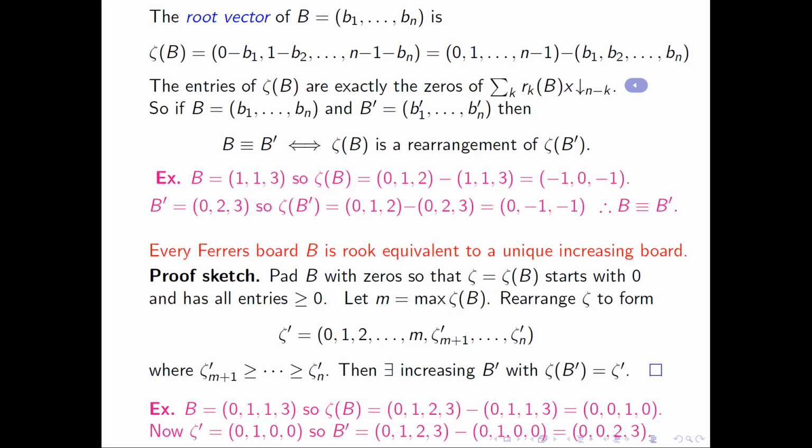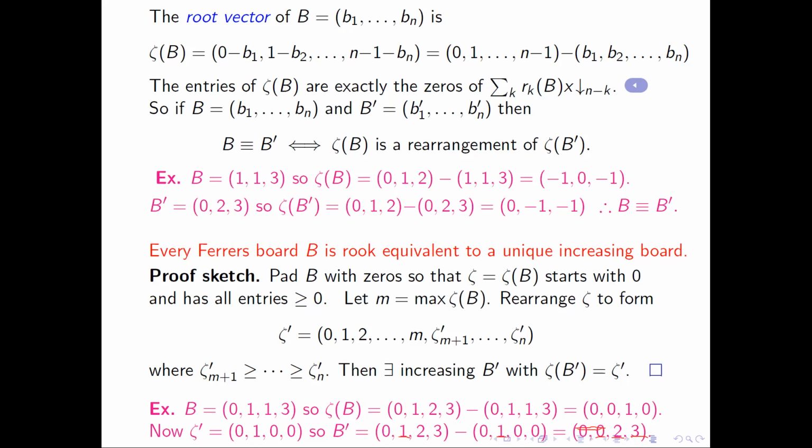And if you do that, look what you get. The ones cancel each other to give 0. Of course, 0 minus 0 is 0. But then 2 minus 0 is 2, and then 3 minus 0 is 3. So look what you get. The board is 2, 3. And you ignore these leading zeros, of course.